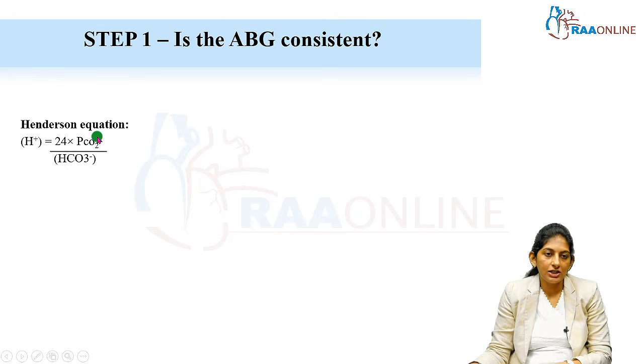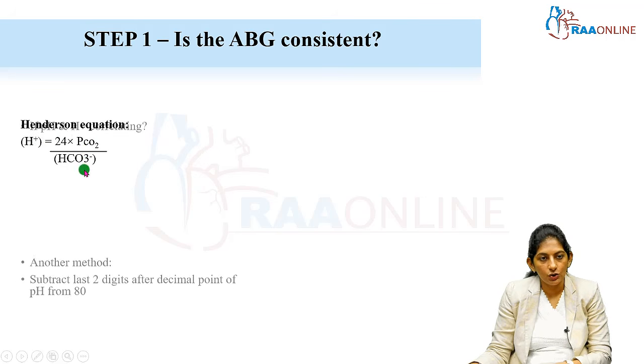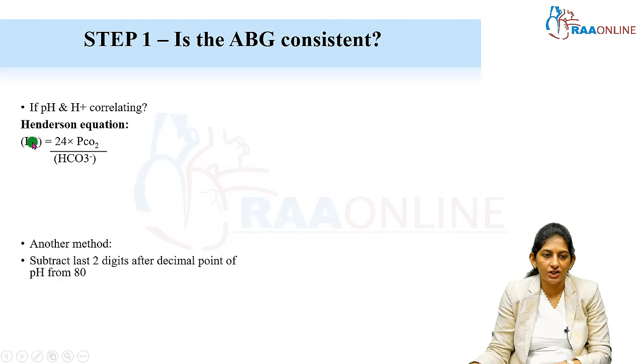In your ABG, you will have PCO2 value and bicarbonate. So, you substitute 24 into the PCO2 value of the patient, divide by the bicarbonate value of the patient. You will get a value of H+.